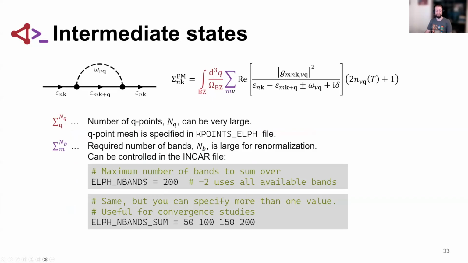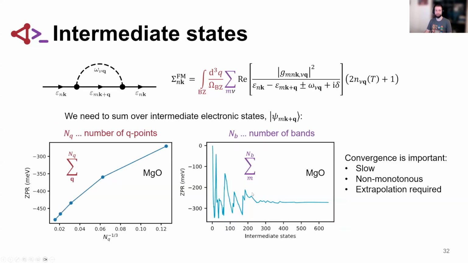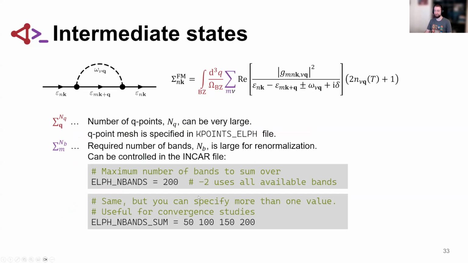But VASP offers you a more convenient way to test this by setting the so-called ELF_NBANDS_SUM tag, where you can specify individual points of this ELF_NBANDS_SUM, and it will calculate in one single calculation all the different self-energies that you would get from these maximum numbers of bands. And then you can do a plot like this already from one single VASP calculation, and it's very efficient because it skips the calculation of additional matrix elements. In general, I would advise to just leave ELF_NBANDS always equal to -2, and you can check with this if you are converged or not.